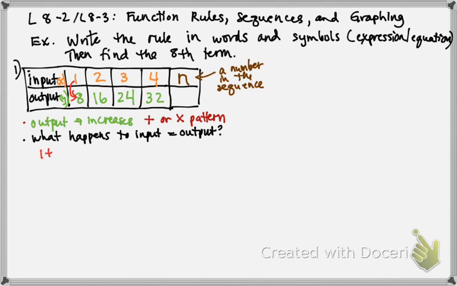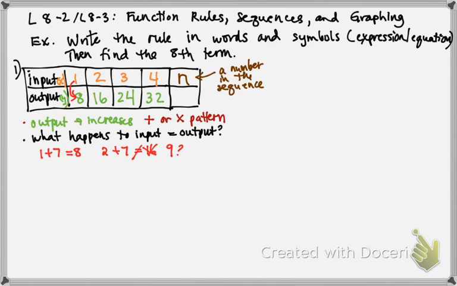So if I added 7 to 1, I would equal 8. So if I had an addition pattern, would that work every time? So let's try it. Is 2 plus 7 equals 16? But it's not supposed to equal 16. It's supposed to equal, or it does equal 9.